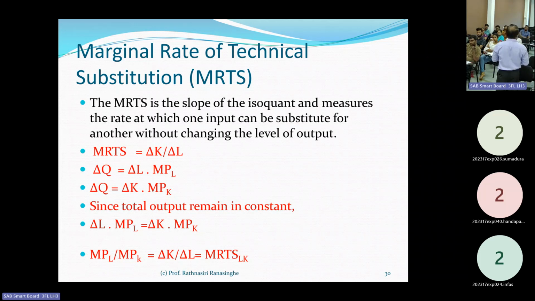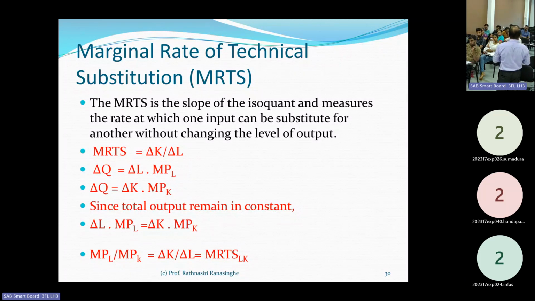Talking about productivities and the change in output alone is not sufficient to make a decision. So in the earlier case, we end up with productivity only. We only identify the range in which the producer can drive, in maximizing output level. We cannot give a specific point where the producer maximizes output level.